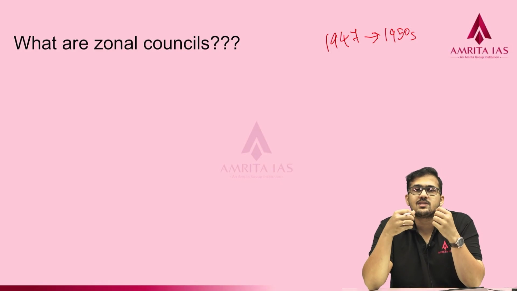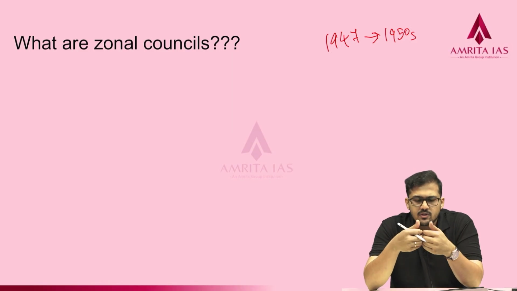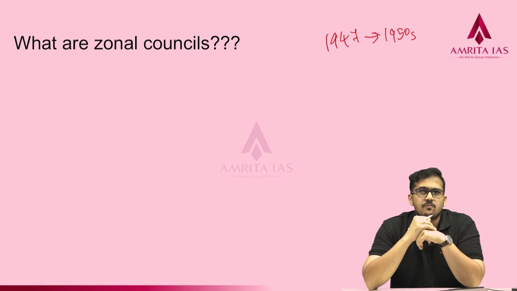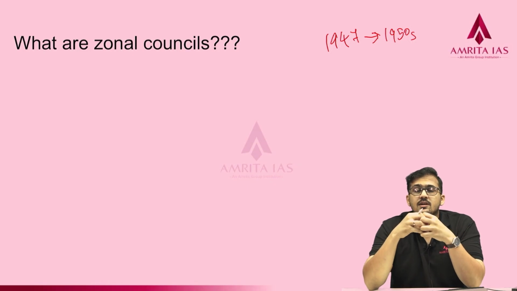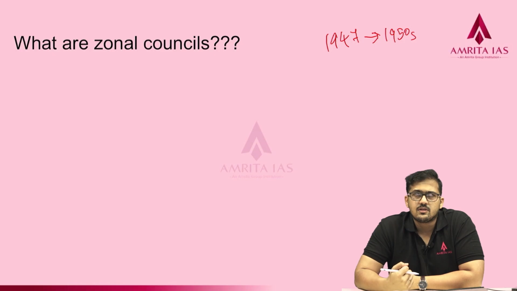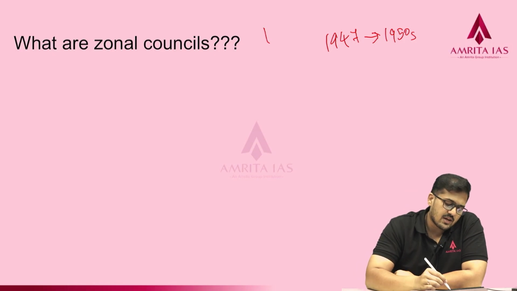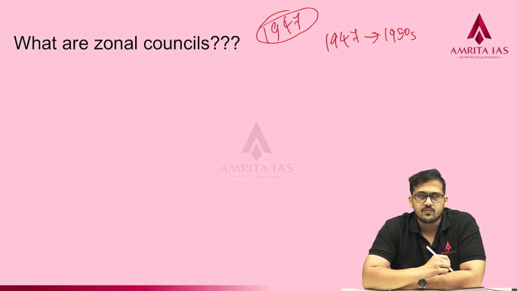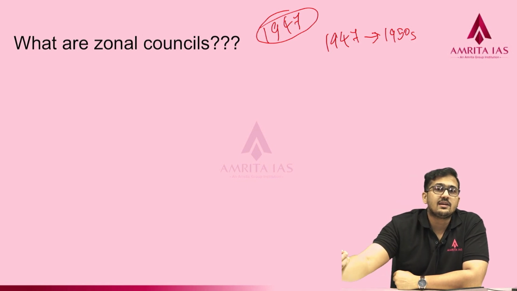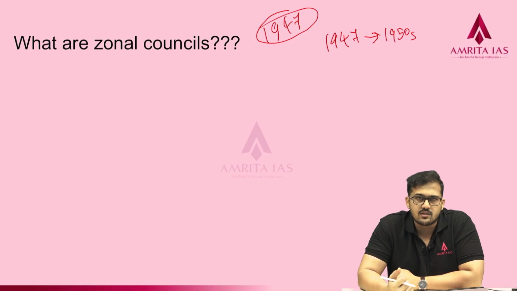and because of this reason there was a demand for linguistic states. When these linguistic states were being created and the process was ongoing, there was a fear within the makers of the constitution as well as the leaders of the central government. The reason was that we had bloodshed in 1947 when India was partitioned. So we did not want to partition India again and again based on cultural or social identities.